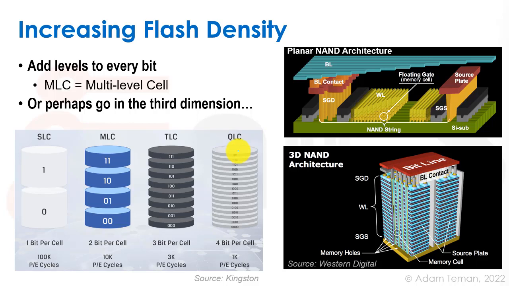I do want to mention here that these things are very unreliable. The fact that we do these aggressive types of things, especially this multi-level cell type of operation, means that a lot of bits come out really bad. Number one. Number two, since we're doing this type of tunneling through the oxides, we're breaking things down. And there is a limited endurance of these types of structures. So they break down after a while. We have a limited number of writes that we can actually apply to such a cell.